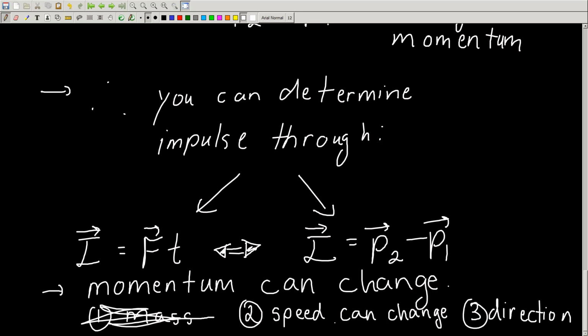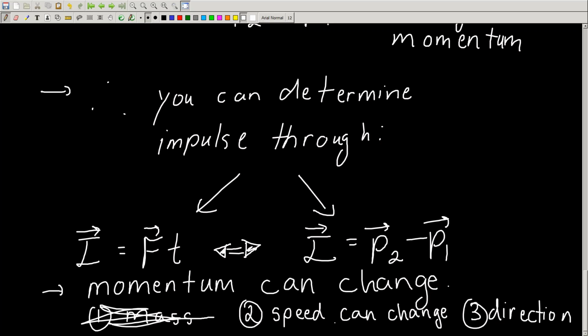A force can cause an object to speed up, which means that its momentum has changed, or a force can change the direction of an object. And we'll see later an example of a force that does that, like let's say the centripetal force, or gravity as a planet orbits a star. So those are cases where momentum can change.